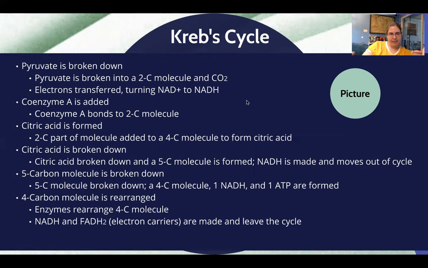We're going to take that citric acid, we're going to break it, and that's going to create a 5-carbon molecule plus carbon dioxide. Carbon dioxide leaves. We make some more NADH as our electron carrier, and that moves out of the cycle. We take that 5-carbon molecule, we break it again down into a 4-carbon molecule.